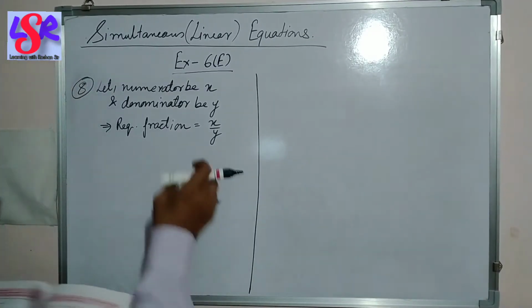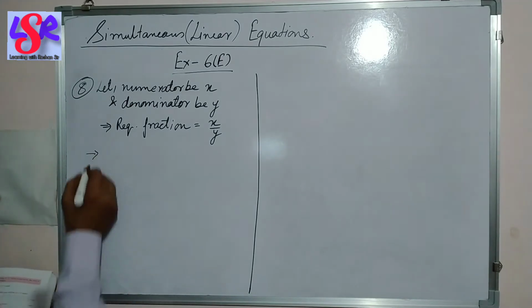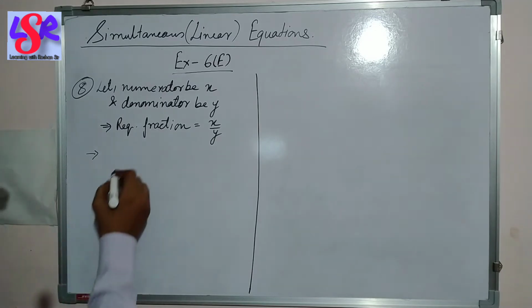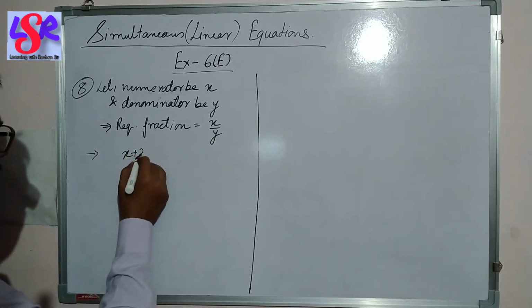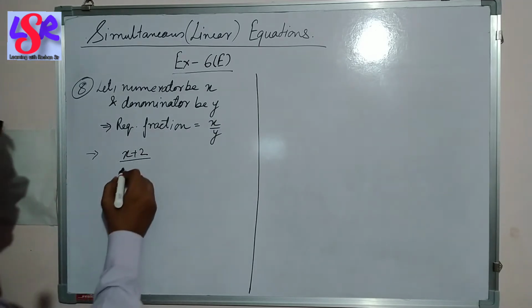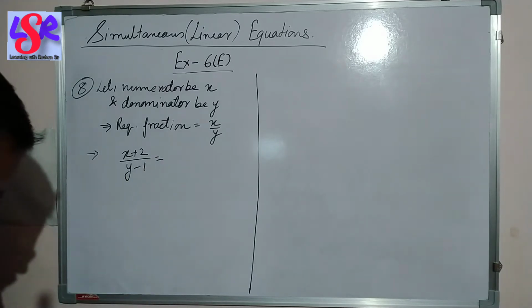On doing so, the fraction becomes x upon y. Now, for the first equation, it says that the numerator of the fraction is increased by 2, that is x plus 2, and the denominator is decreased by 1, so y minus 1. And this becomes 2 by 3.